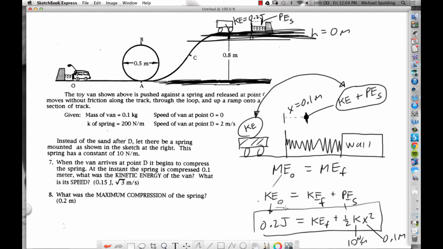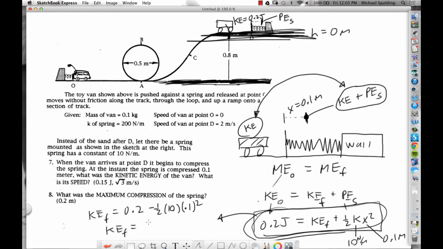So in this equation, we know everything except kinetic final, so you can solve for kinetic final. Kinetic final is going to be 0.2 minus 1/2 times 10 times 0.1 squared. Just plug in the values, and this comes out as 0.15 joules, which is the answer right here.